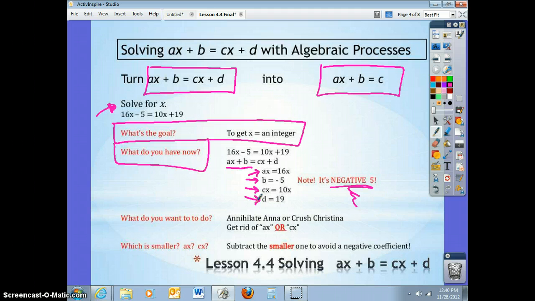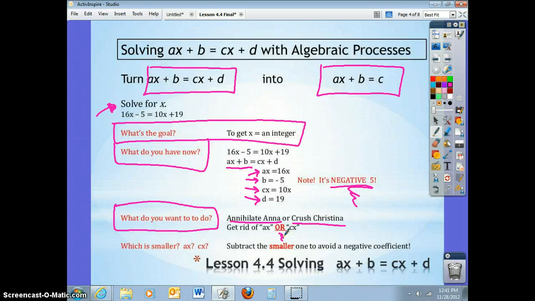So that's what we have now. What we want to do is annihilate Anna, like we did before in the other lessons, and now we made a new one, and I called it Crush Christina. Sorry, Miss Hagen.